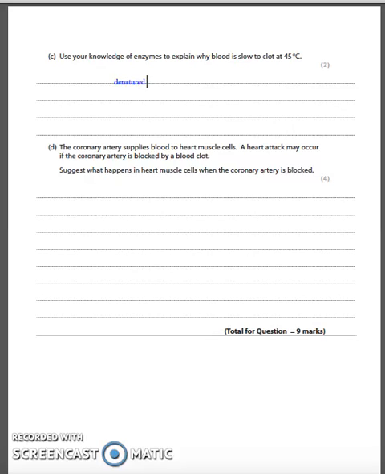What happens if an enzyme denatures is that the active site of the enzyme will no longer fit the substrate. Sorry for the mistakes here.